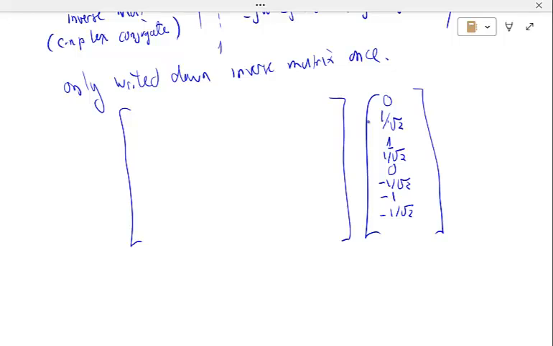Okay, so the inverse matrix, well, here I had 1s all the way across the top. I can just do a couple of these. 1s across the top, and then this was 1s down. And if you remember, this was w, j, jw, minus 1, minus w, minus j, minus jw.